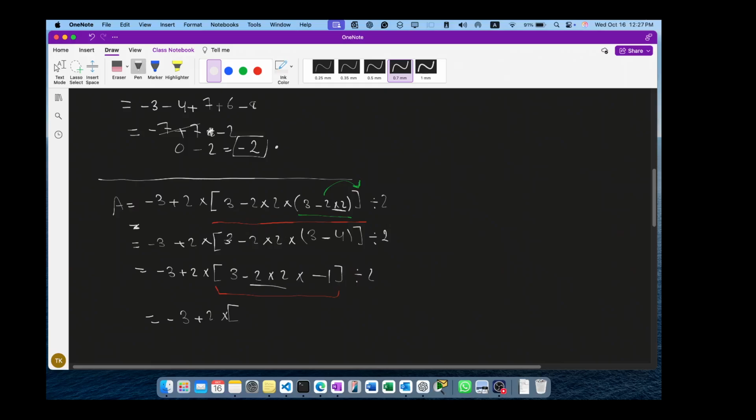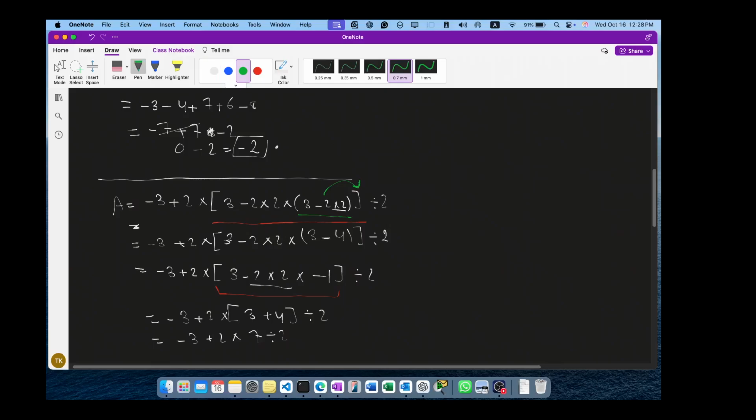I will start with multiplication as it appears from left to right. Minus 2 times 2 is minus 4. Minus 4 times minus 1 equals plus 4. 3 plus 4 divided by 2. Now yalla. Minus 3 plus 2 times 3 plus 4 equals 7 divided by 2.